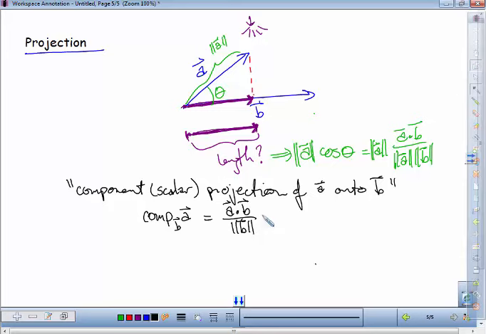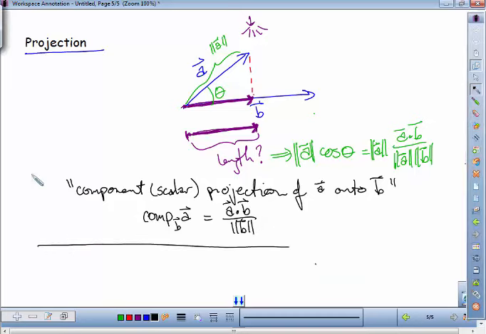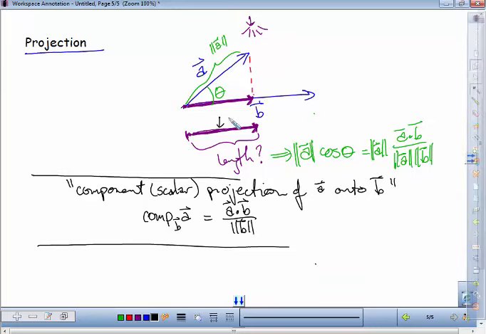Now, on some occasions you might be interested in the actual vector, not just the length of this, but the actual vector. We know that the direction is B, but we want the length of this vector to be A dot B divided by the magnitude of B. This is a problem that we had yesterday.